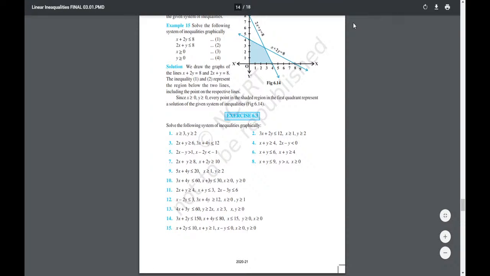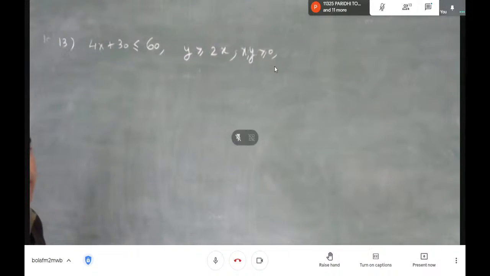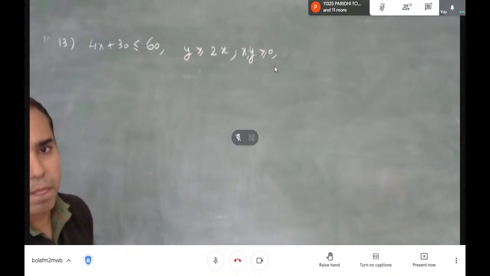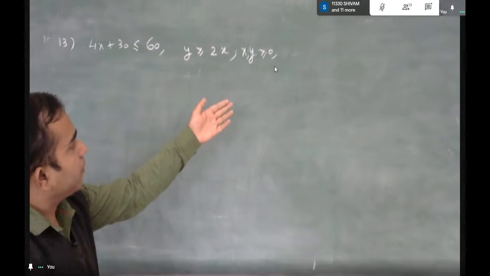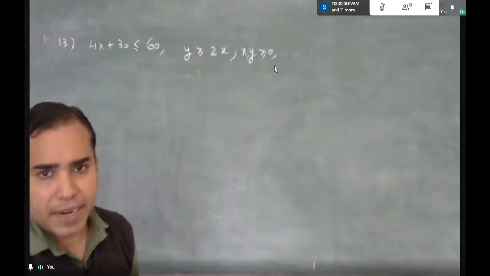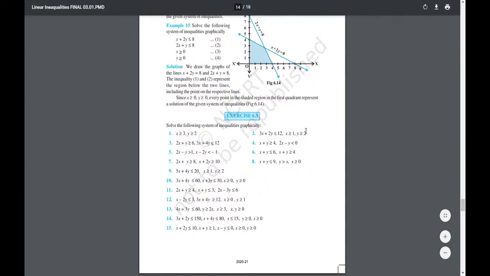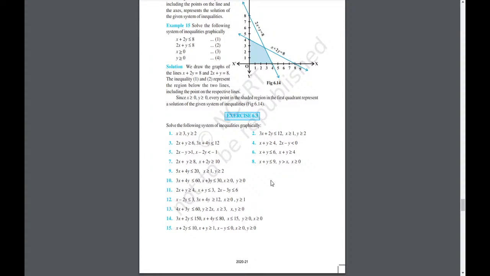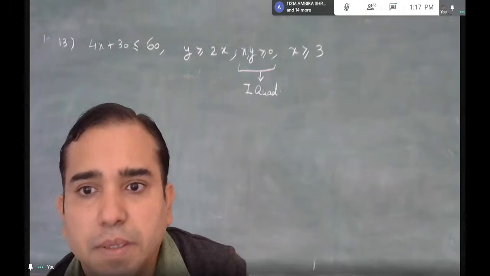Okay. And x is greater than or equal to 2. Okay. That's it. x is greater than or equal to 0. Both are there. So that's the same thing. x is greater than or equal to 3. One more line is there. x is greater or equal to 3. Okay.